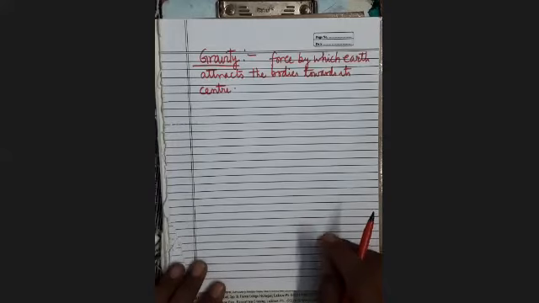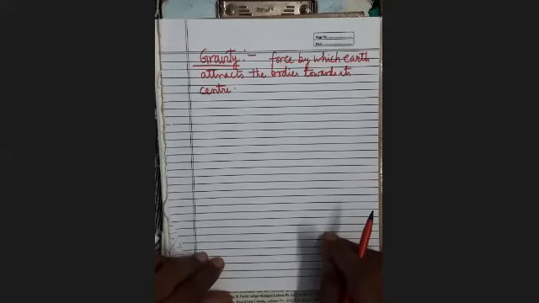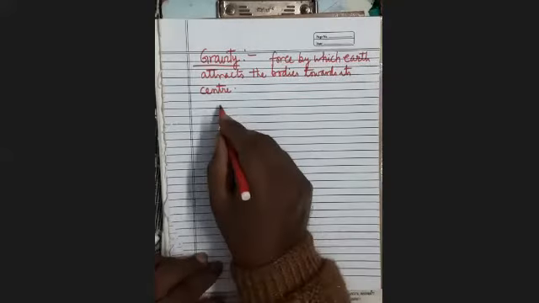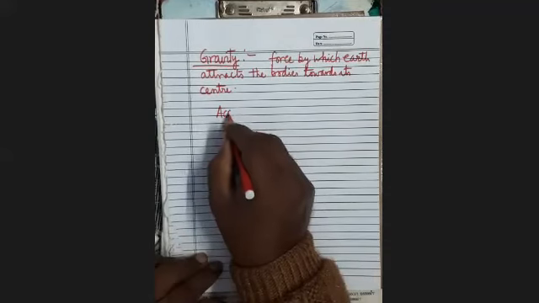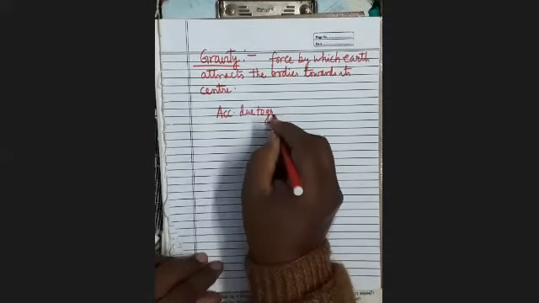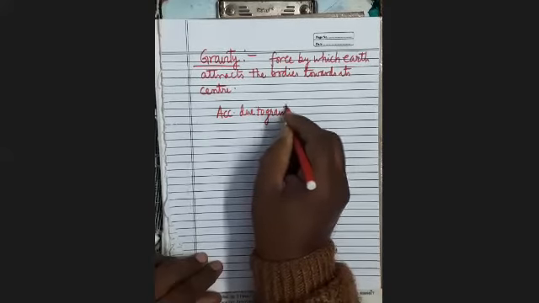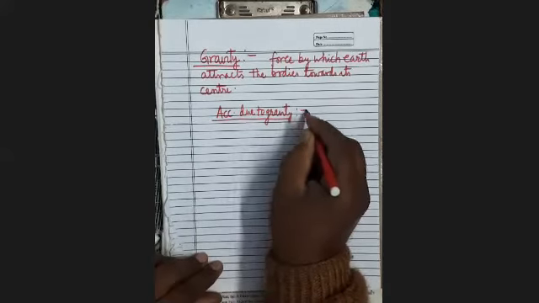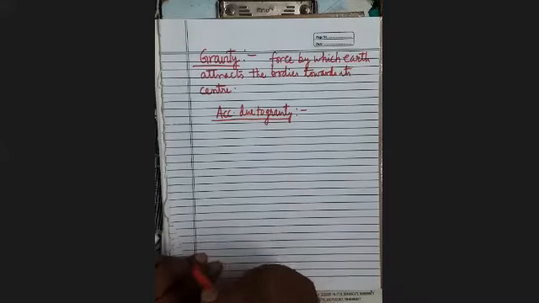Now see here, there is one term, acceleration due to gravity. Now, what is acceleration due to gravity? You have already studied what acceleration due to gravity is. It is the change in speed per unit time of a freely falling body.